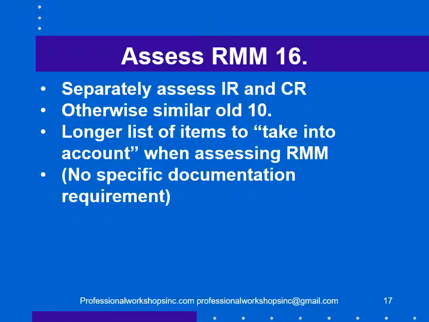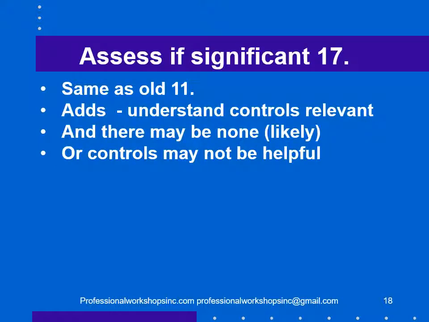So again, I think this paragraph is useful if you are developing an audit program for higher risk of material misstatement. You are to assess if risk of material misstatement is significant. That's the same as old paragraph 11. It adds understand controls relevant. That's always been required by 315.